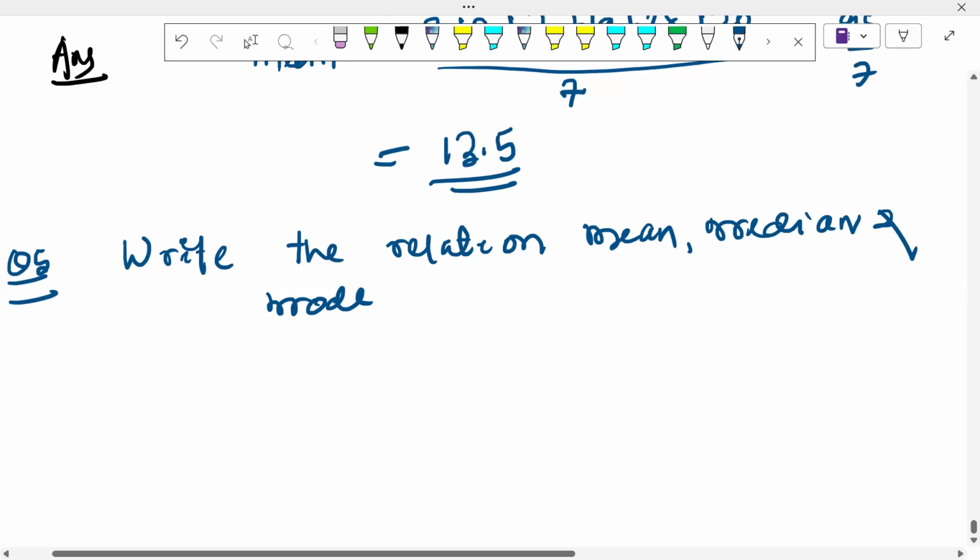The relationship between median and mode is like mode is equal to 3 median minus 2 mean.